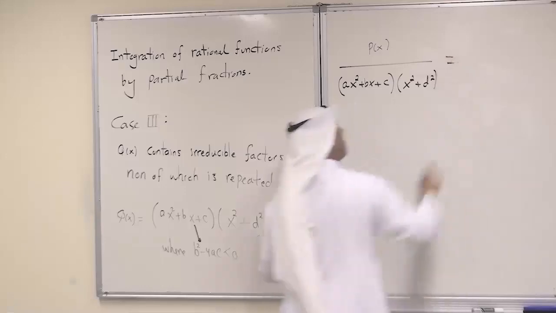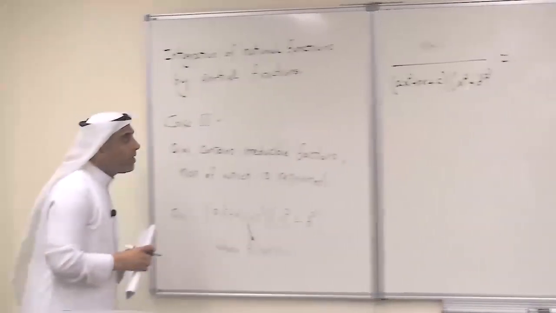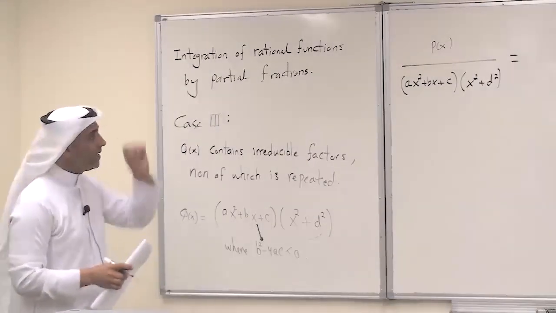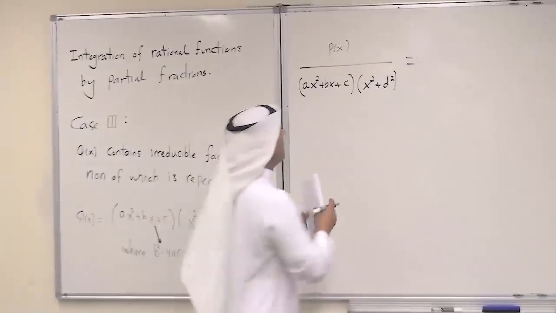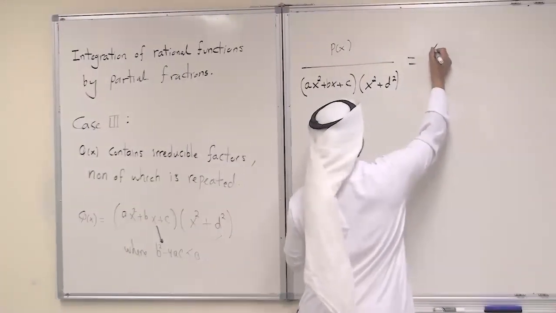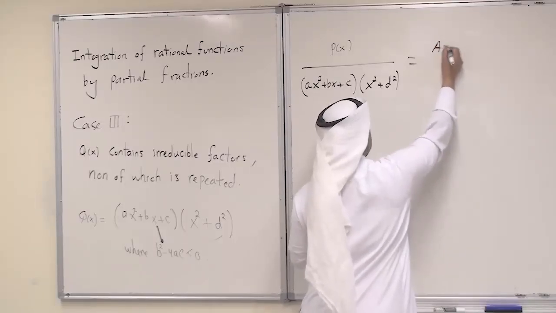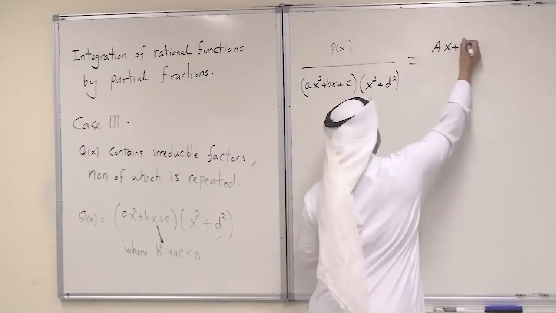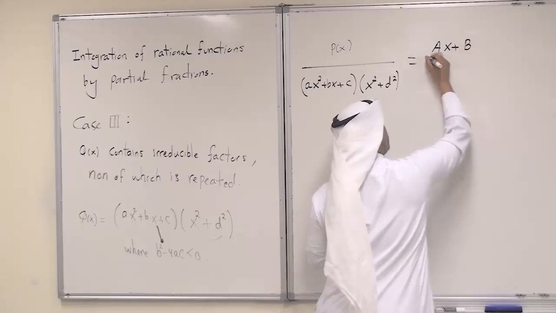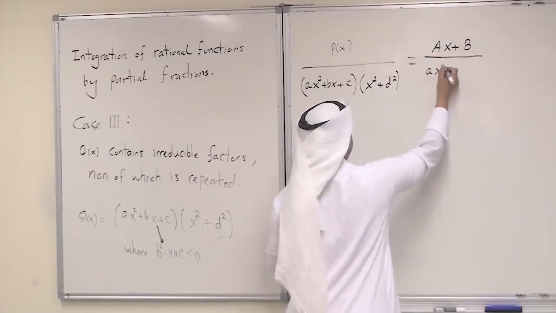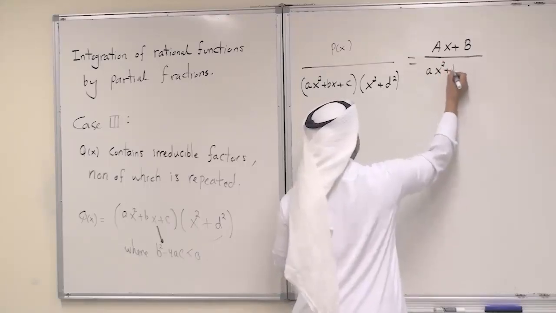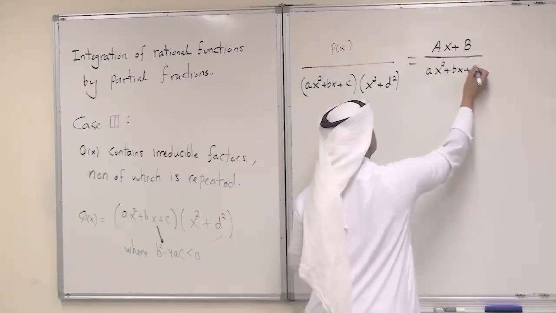What will be the form of the partial fraction? Look, for the quadratic expressions, we always need a linear expression upstairs. So I need ax plus b divided by ax squared plus bx plus c.